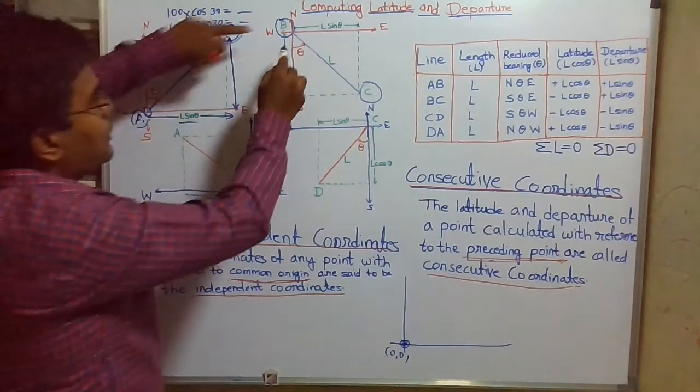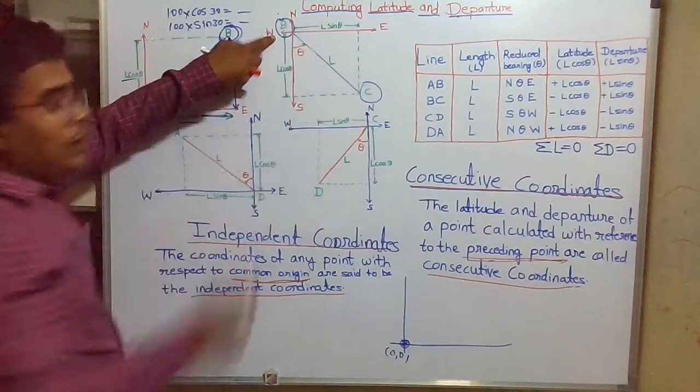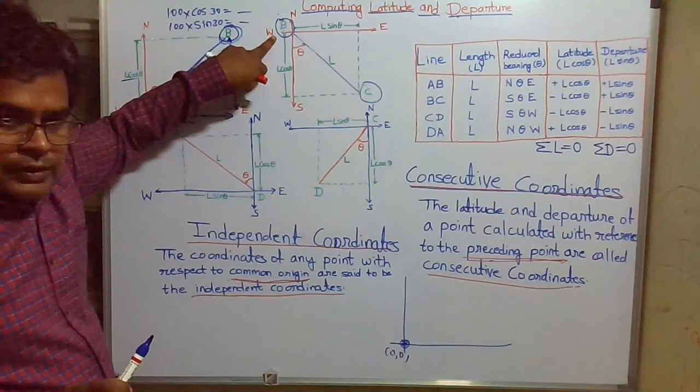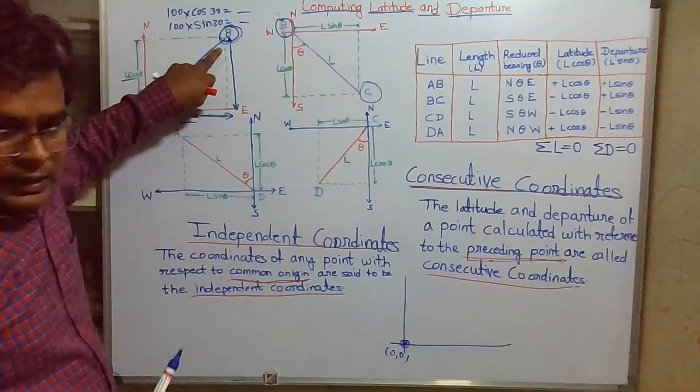Now the coordinates of B are known to us with reference to A.